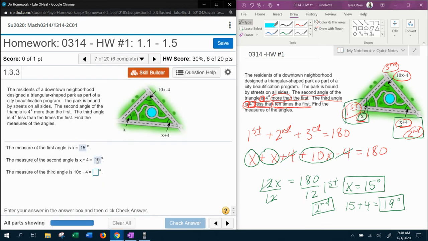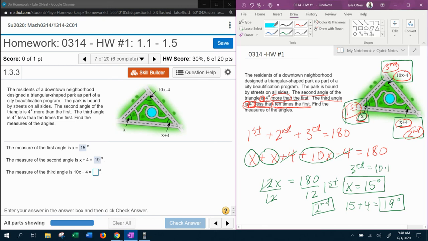So if we put that in and check it, we've got the second angle, good, and now the third angle, okay? So the third angle is 10x minus 4. So let me make a note right here. The third angle is 10 times x, but we know x is 15 minus 4. And we're going to want to go to the calculator probably for that one.